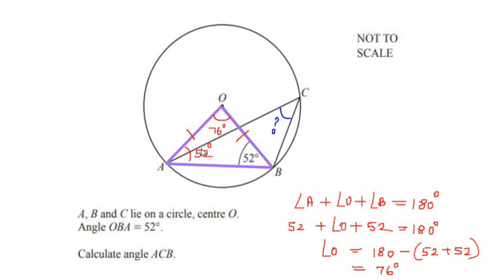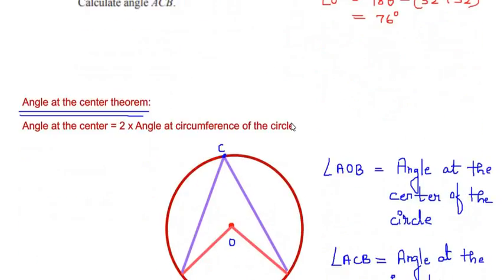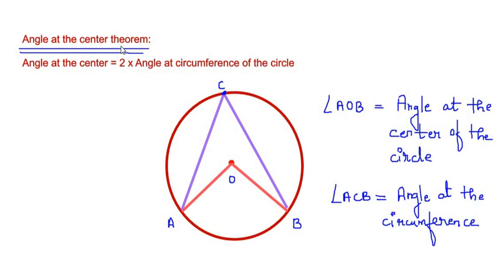Now how will it help to find out the angle C, which is at the circumference? To find the angle C, we have to make use of a circle theorem, which is called the angle at the center theorem.